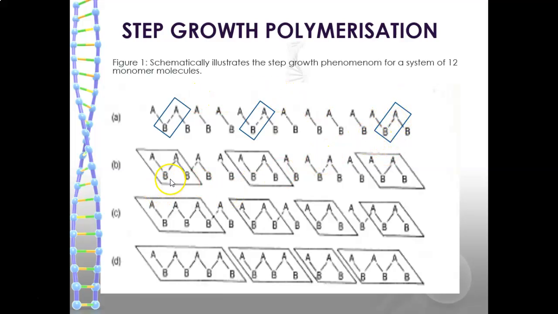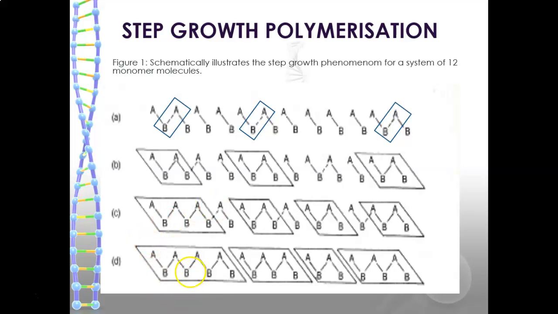In B, at half conversion, which is 50% conversion, the monomer molecules are consumed. And in C, about 75% of the monomer molecules are consumed.